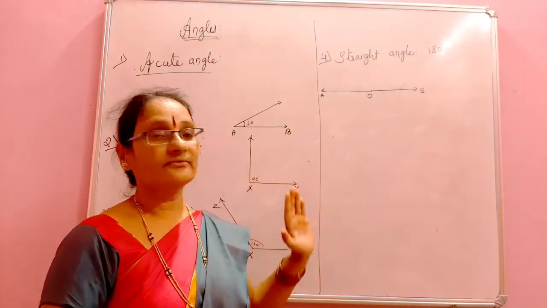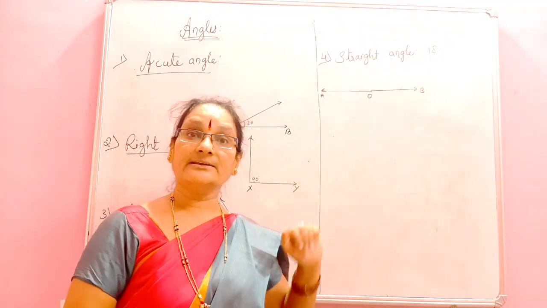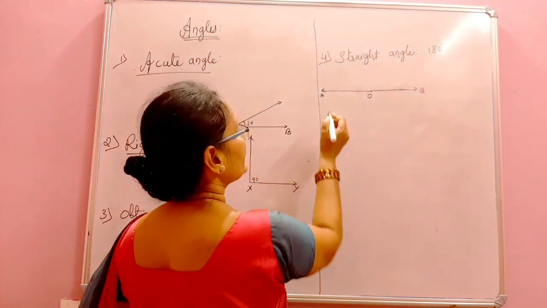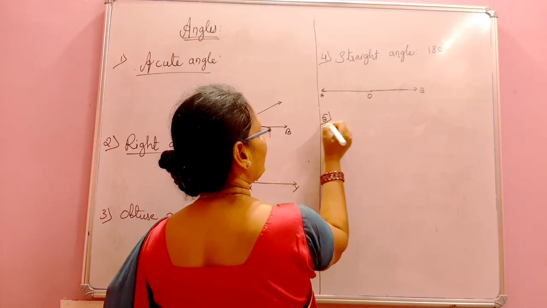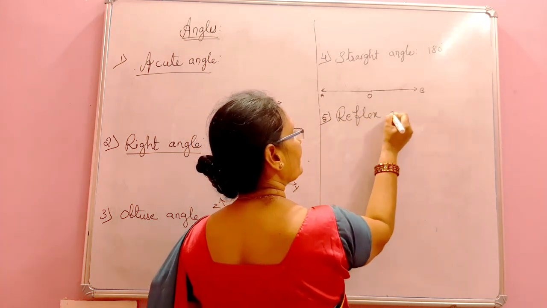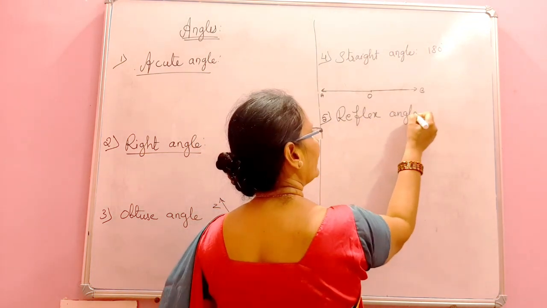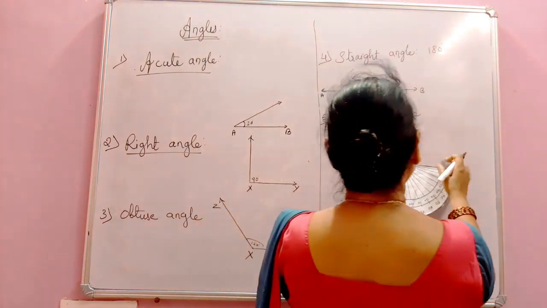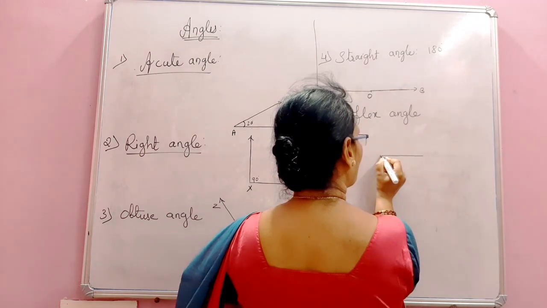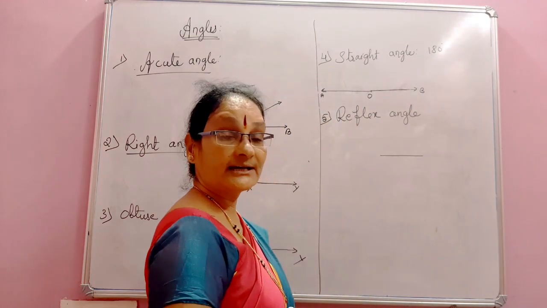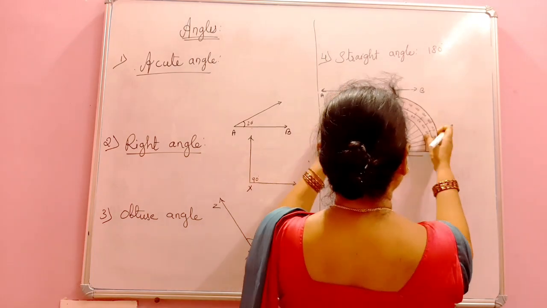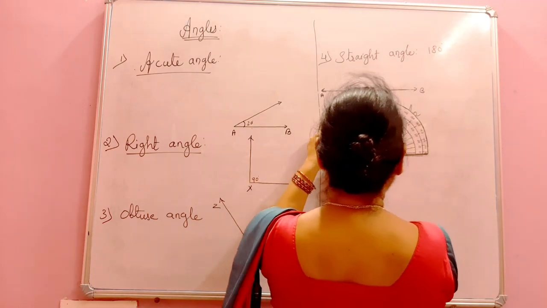If it is more than 180 and less than 360, what kind of angle is it? That is a reflex angle. The next type of angle is the reflex angle. More than 180 and less than 360 degrees is a reflex angle. Up to here it is 180.